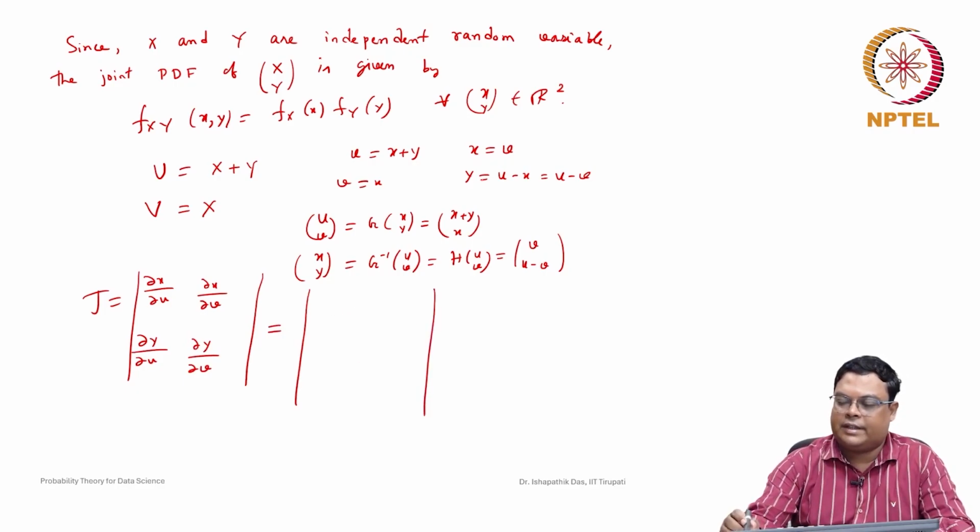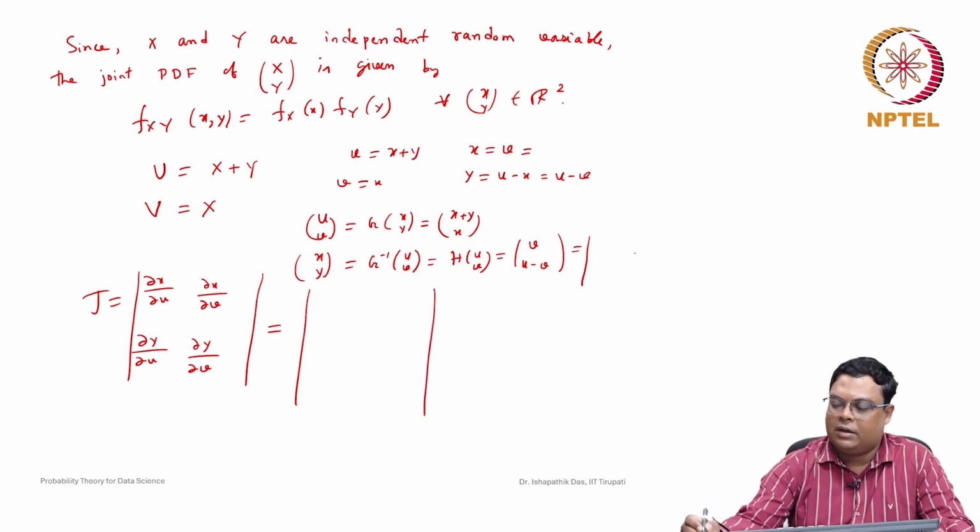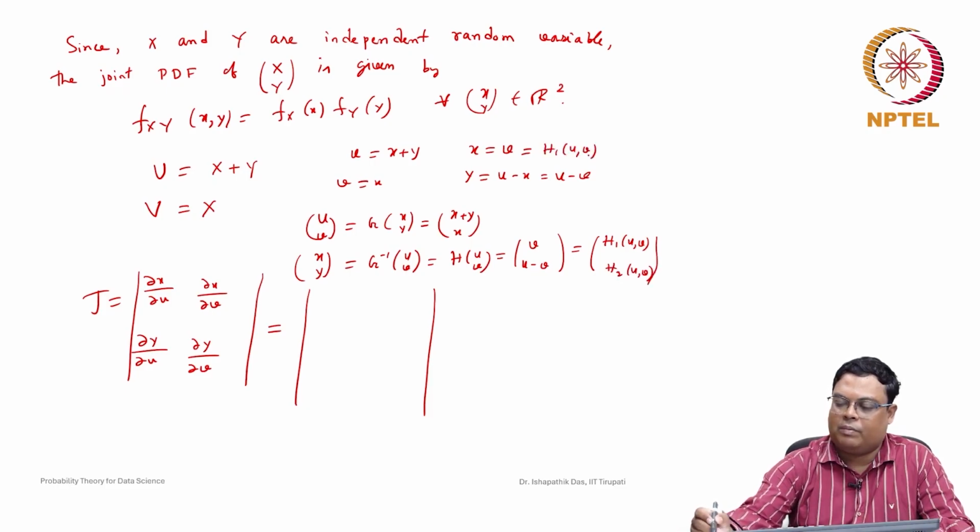Because x is equal to v, this is the component vector if you write. This is h1 of (u, v), this is h2 of (u, v). h1 of (u, v) is a function of v only.